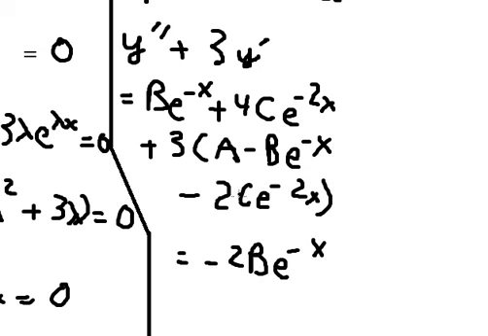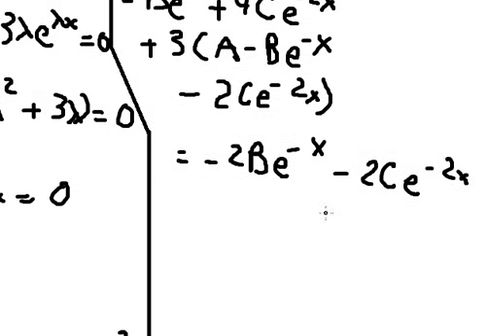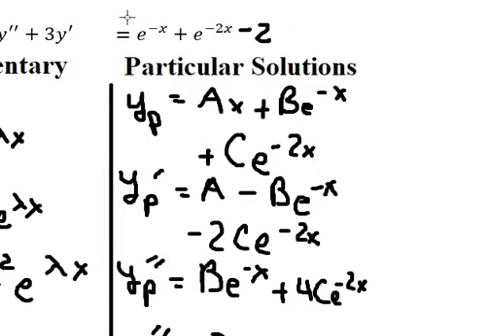For c, with negative 2 multiplied by 3, we have negative 2c e to the power of negative 2s. And the last one, we have 3a. And we know that this one equals to this one.